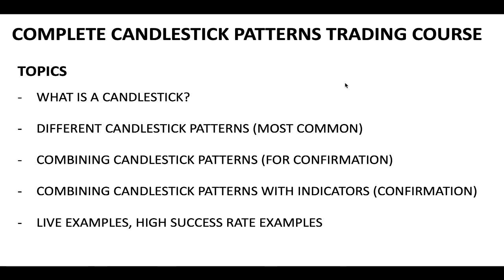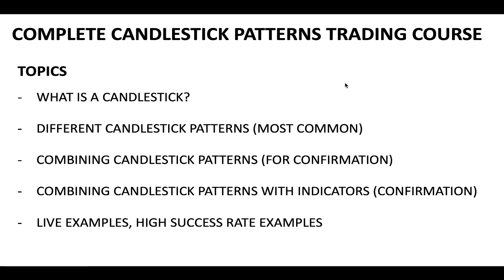The next one is combining candlestick patterns with indicators for confirmation. These are candlestick patterns that arise around an indicator. Let's say you're using a moving average, a Bollinger Band, or RSI, and a candlestick pattern occurs at one of these.